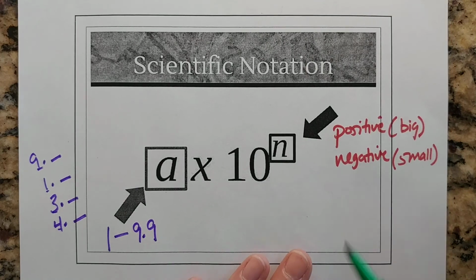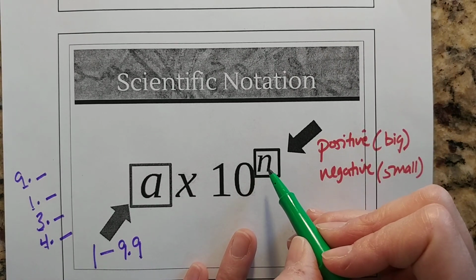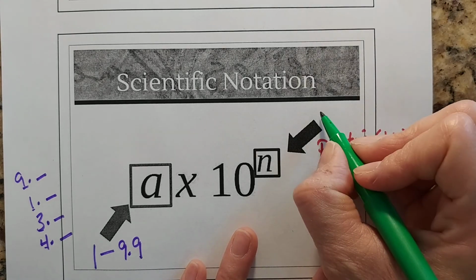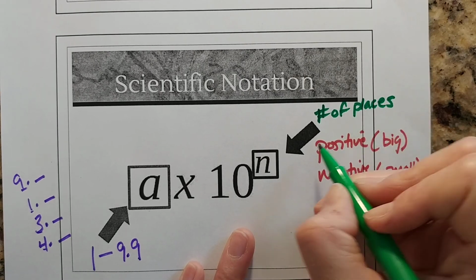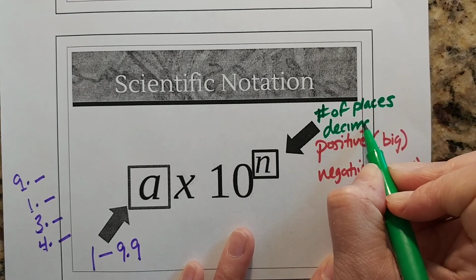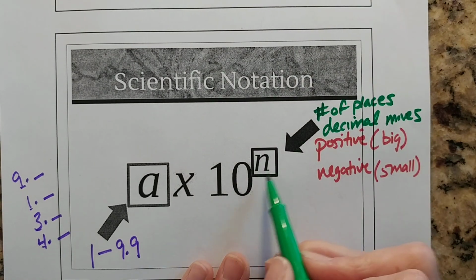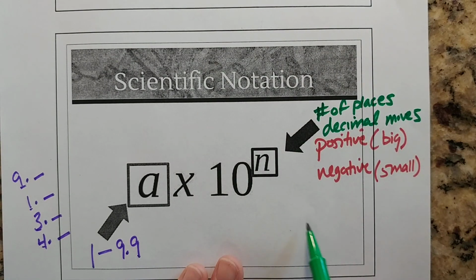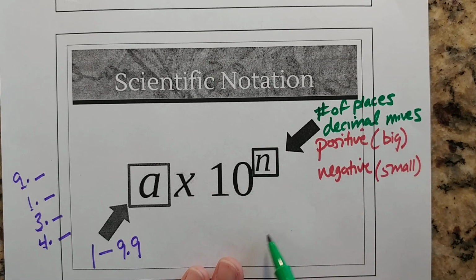So not only did the exponent tell us if it's a big or small number, but it also tells us the number of places the decimal point moves. Remember, if this was 10 to the 5th power, the decimal point would move 1, 2, 3, 4, 5 places. If it was 10 to the negative 3rd, it would move 1, 2, 3 places to the left. Okay?